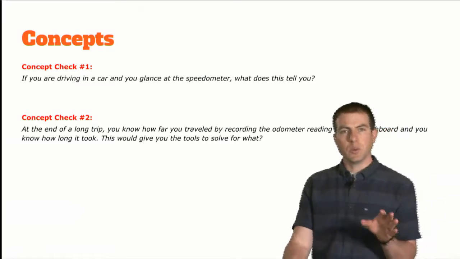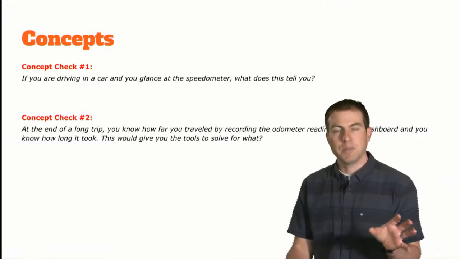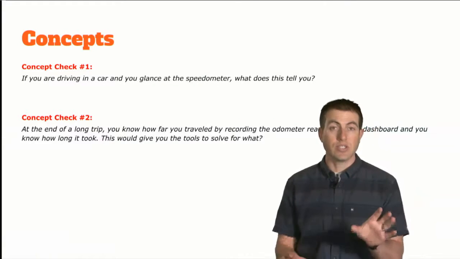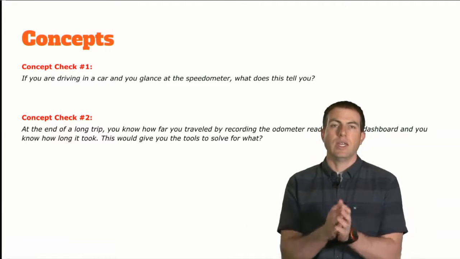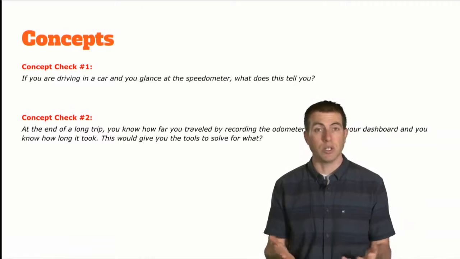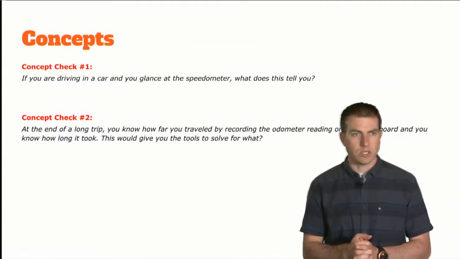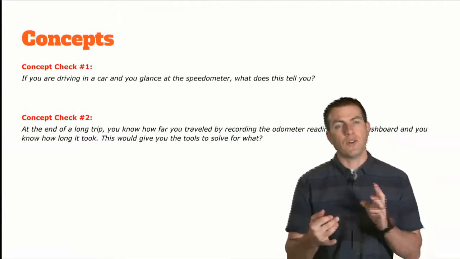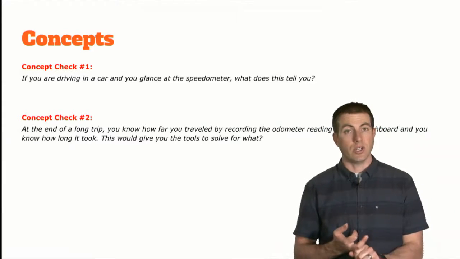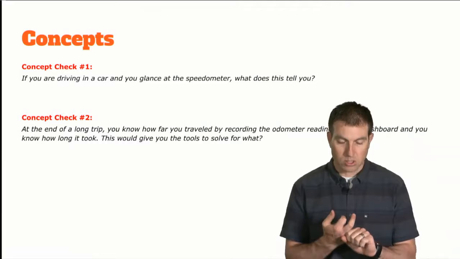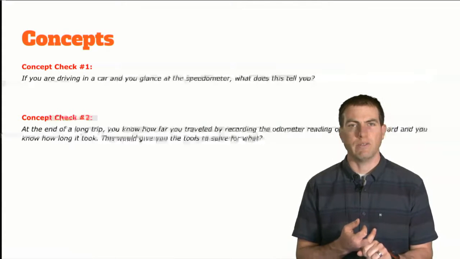Now, we don't want to confuse it with velocity because velocity has a direction associated with it. So your speedometer doesn't tell you which way you're going. It's just telling you how fast you're going, which we call your speed. How about the second question here? You know how far you traveled because your odometer told you, and you know how long it took because you checked your watch when you left, you checked your watch when you arrived.